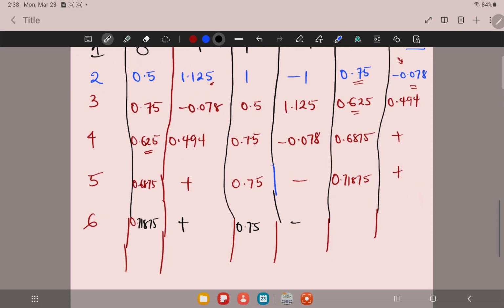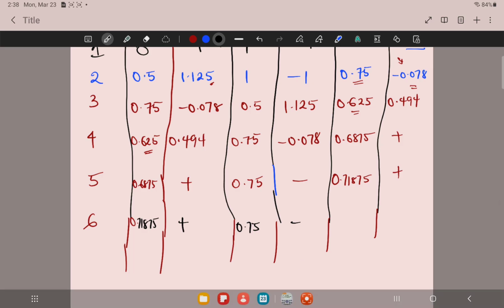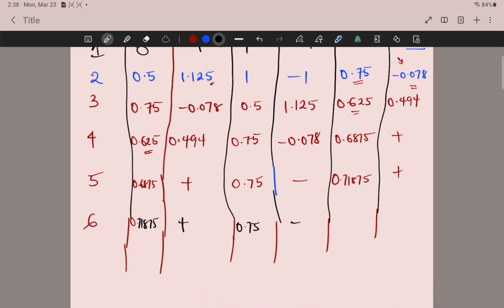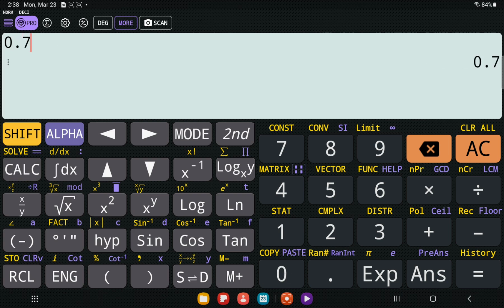So I want to believe that you understand what I'm doing. 0.71875 and 0.75. Calc at 0.71875 and 0.75.